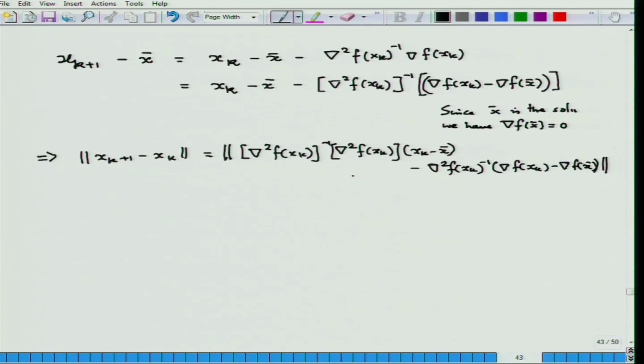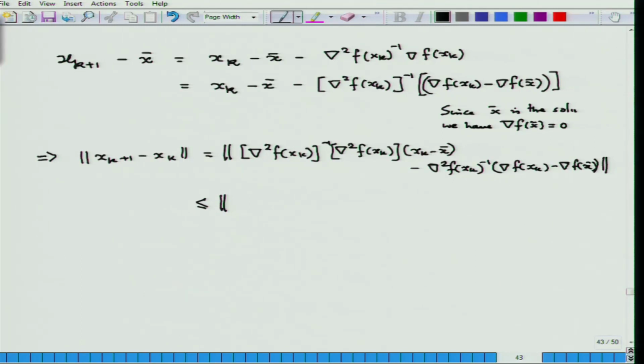Now, this would turn out to be like this, that I can take all these things out common. So, this would be by the Cauchy-Schwarz inequality, basically the standard: the norm of a x is less than or equal to norm a into norm x, that is the definition of the operator norm. Those who do not know about the operator norm, please do not get into a fix.